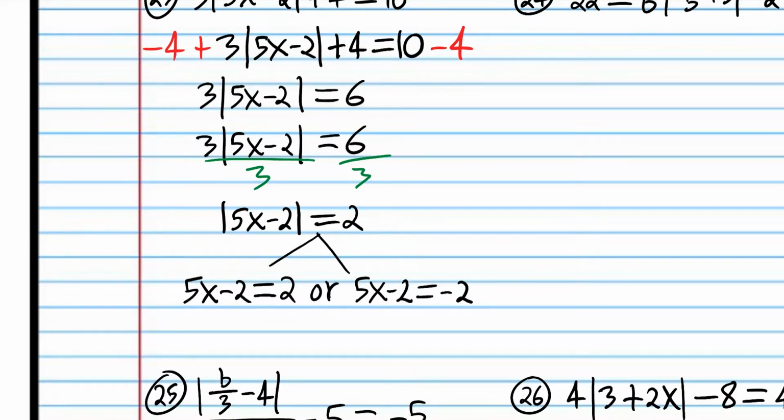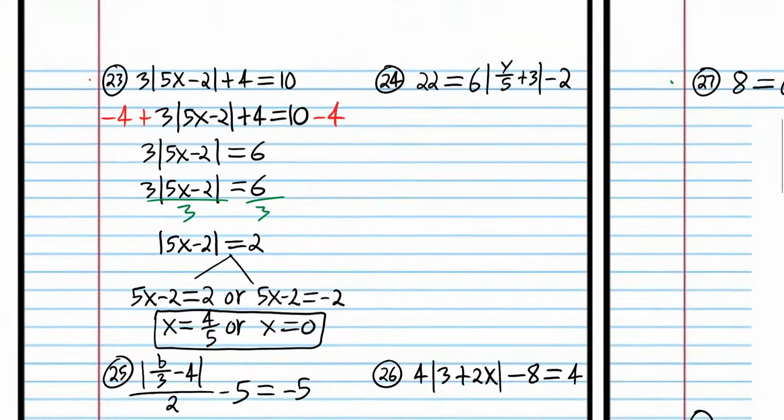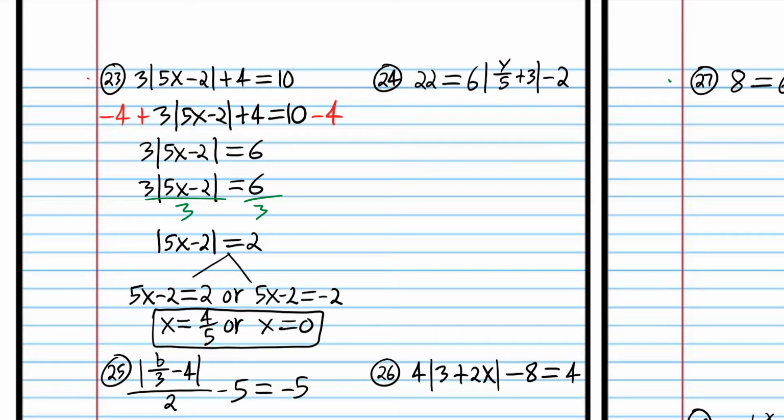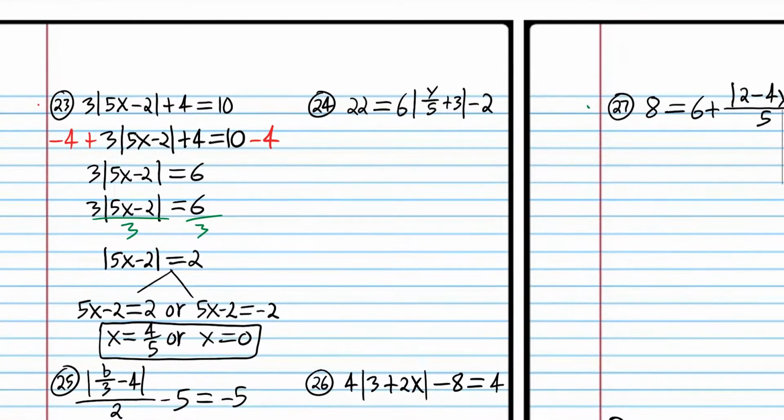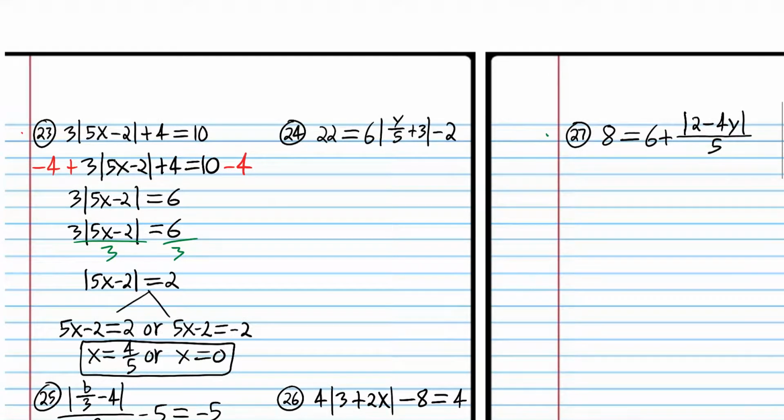Add 2 to both sides, divide by 5, so we have x is equal to 4/5, or x is equal to 0. So again, we're just getting more and more complicated as we go here. And again, you can check your answers to be absolutely sure.